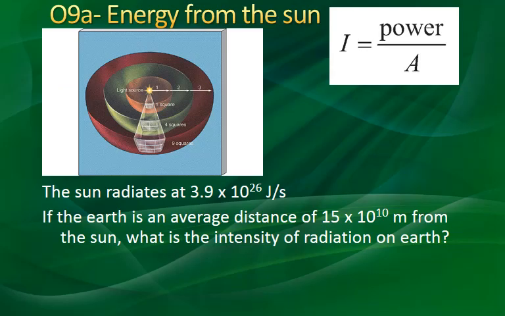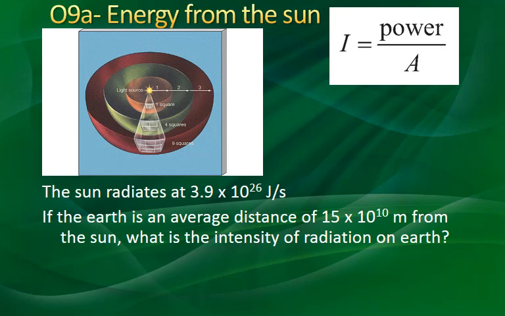Okay, so when we take a look at this situation here, we have energy coming from the sun, and as light spreads out, it spreads out spherically, just like sound did. So the light is spreading out, and the sun is radiating 3.9 times 10 to the 26 joules per second. That's watts of energy it's sending out.